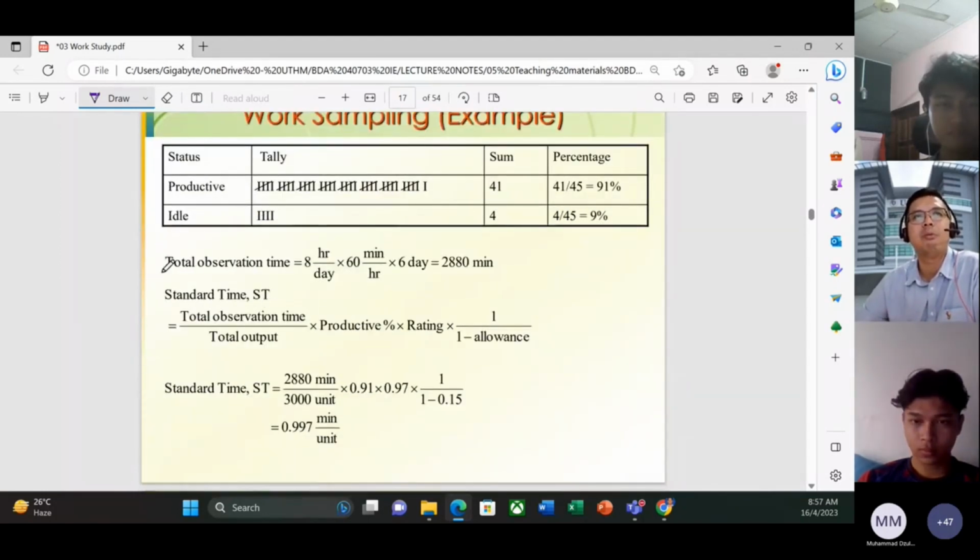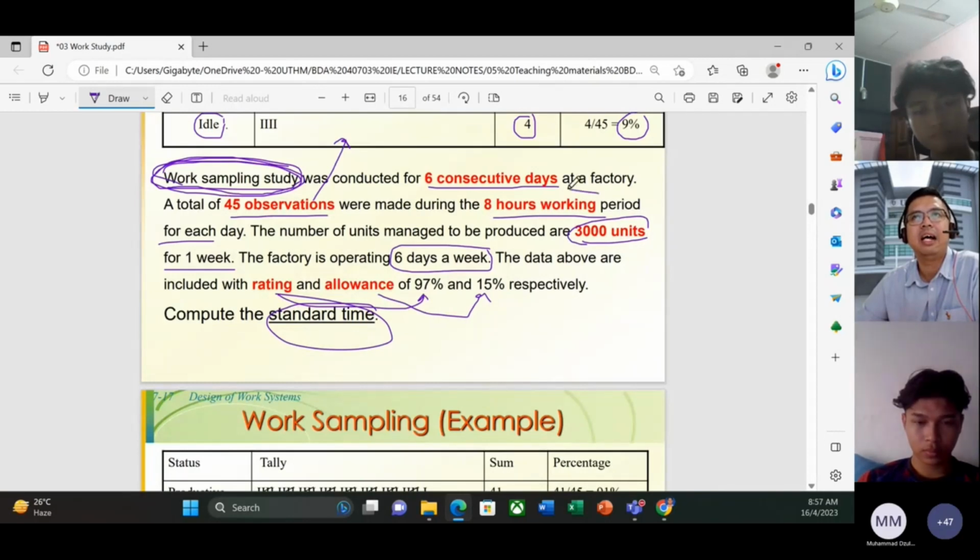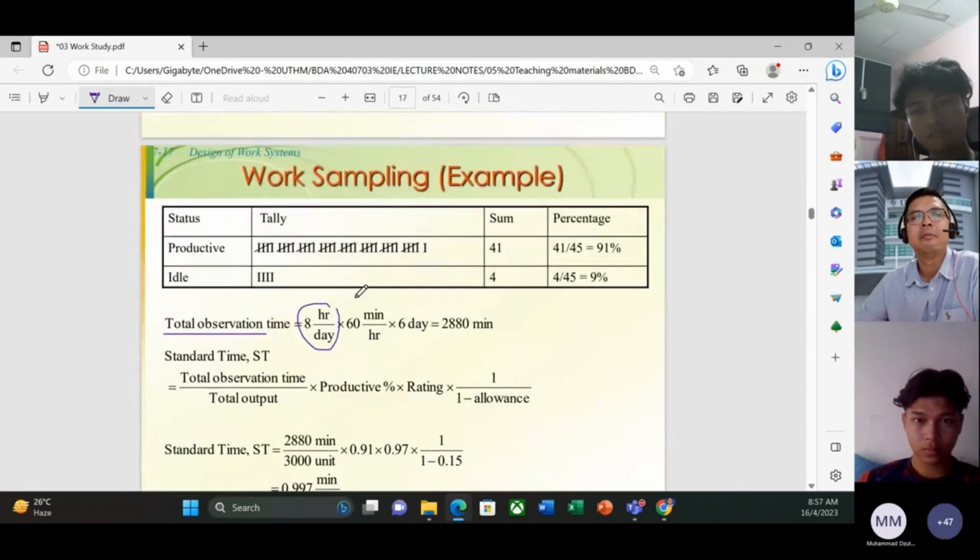First, the total observation time: 8 days. How do we get the 8 hours per day? Look here, 8 hours working per day. Bring it here, times 1 hour, how many minutes? 1 hour equals 60 minutes. And times 6 days.